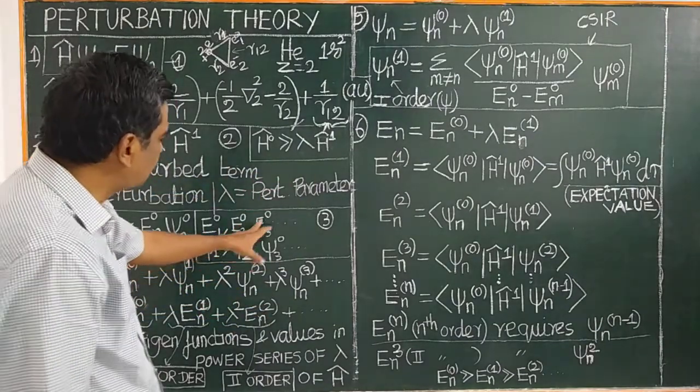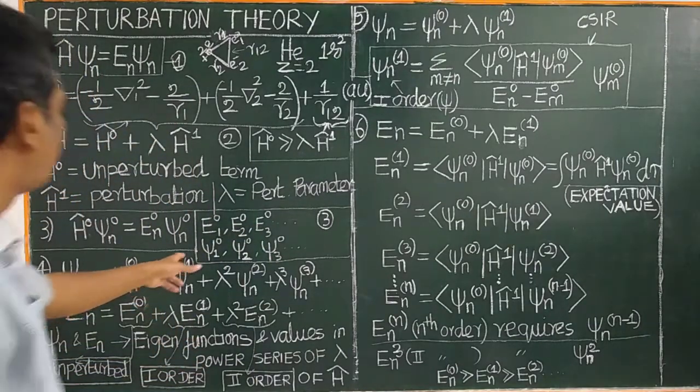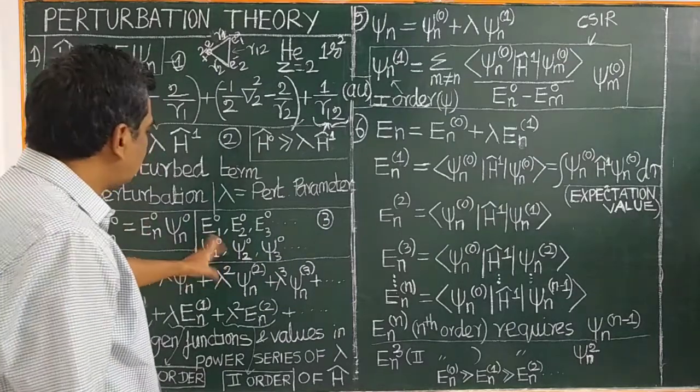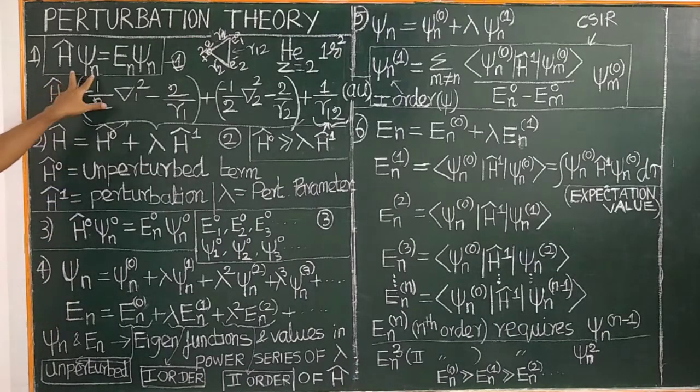E1 naught, E2 naught, E3 naught are the eigenvalues of the unperturbed Hamiltonian H cap naught and their corresponding eigenfunctions. Let us now see psi n and En.